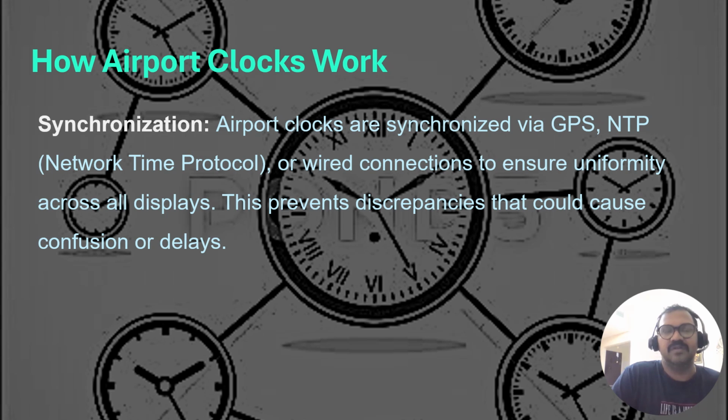This protocol is common for making uniform time for all the airport systems. It's a wired connection to ensure uniformity across all the displays. This prevents discrepancies that could cause confusion or delays. Majorly, as I told you earlier, time synchronization is there to avoid confusion in the airport systems.